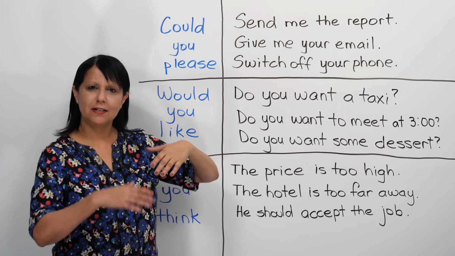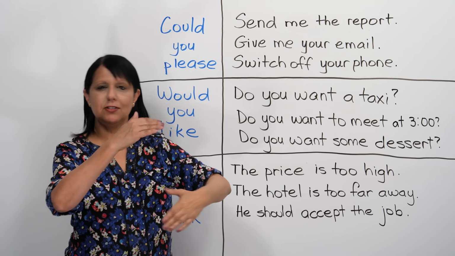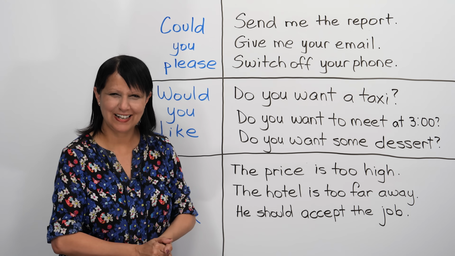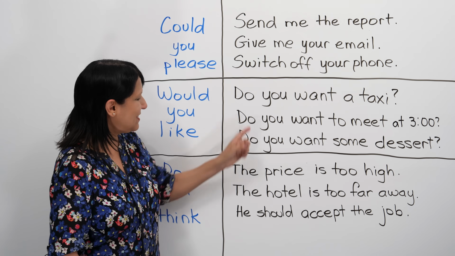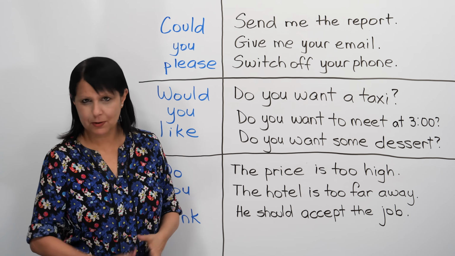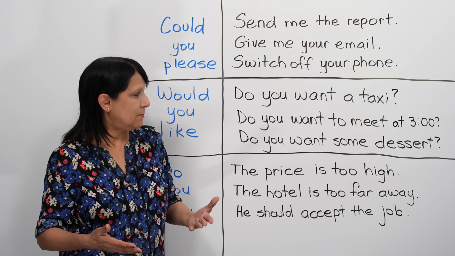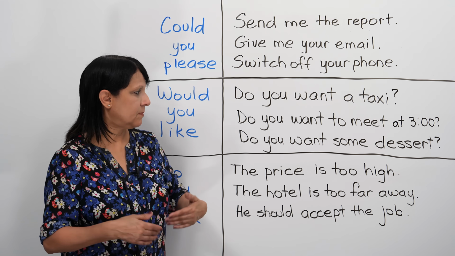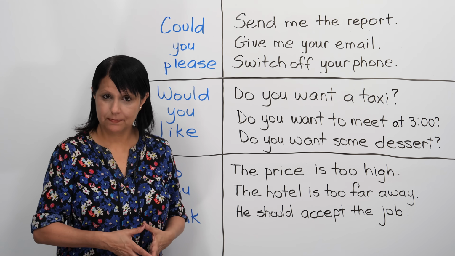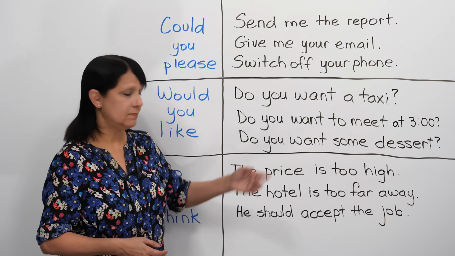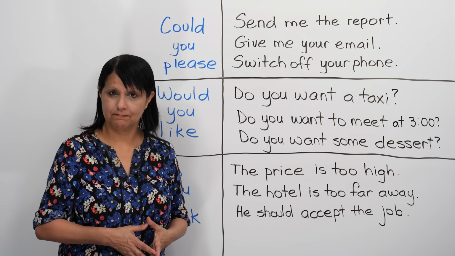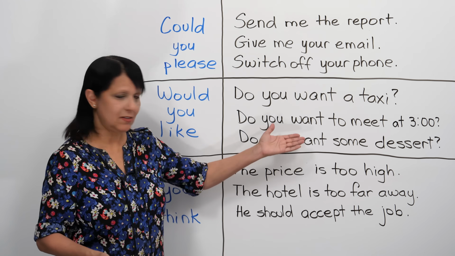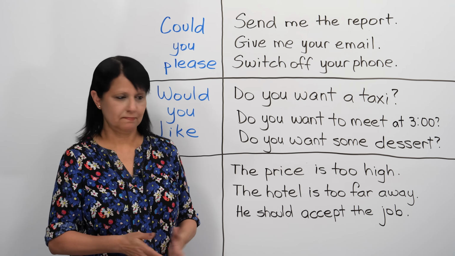Now, let's take a question and turn it into an even better question. Okay? Let's do that. So, this is the question that some people ask. For example, do you want a taxi? Do you want to meet at 3? Do you want some dessert? Now, is there anything wrong with these questions?